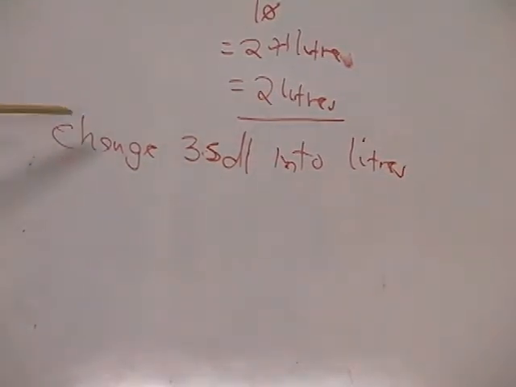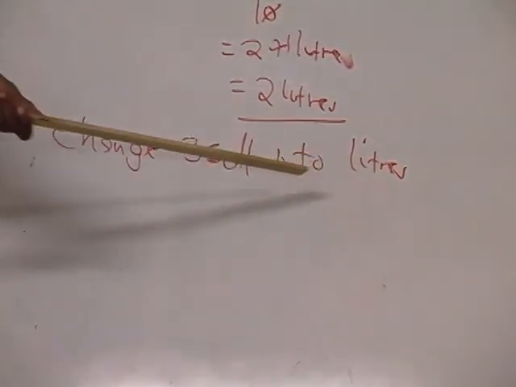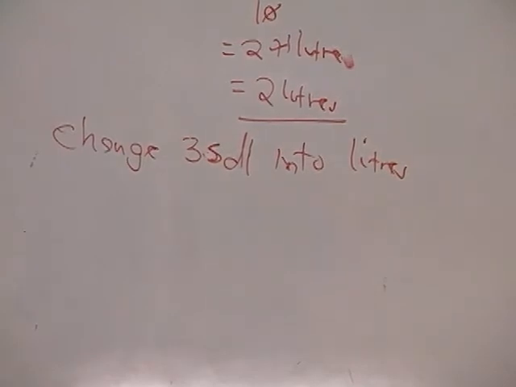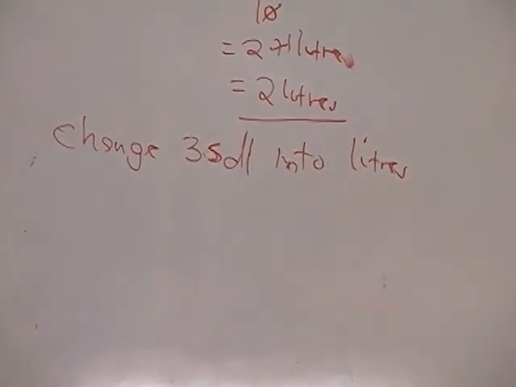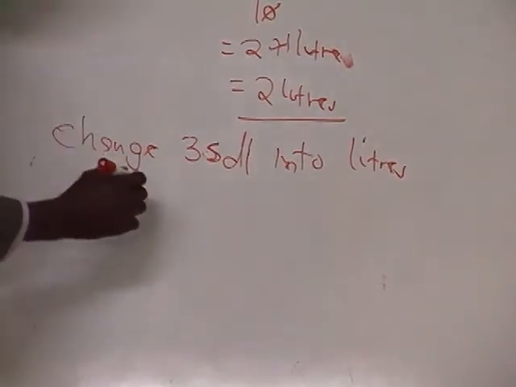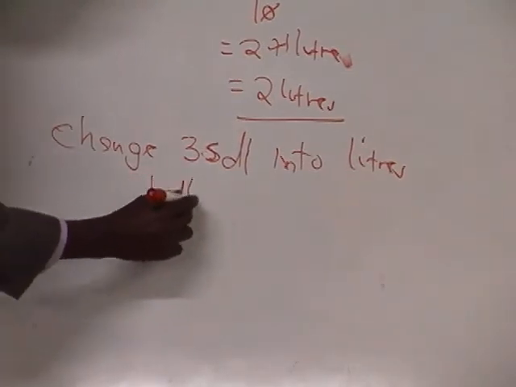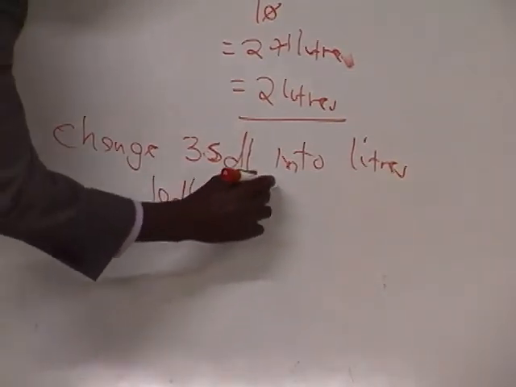So to convert 35 deciliters into liters, as I said before, step 1, you need to write the formula that relates the 2 units. So we just realized that 10 deciliters is equivalent to 1 liter.